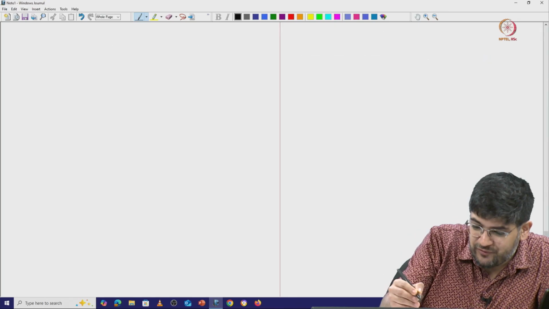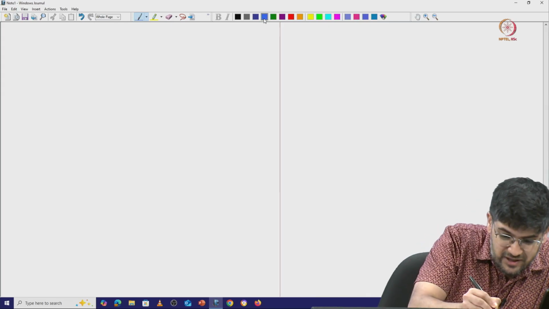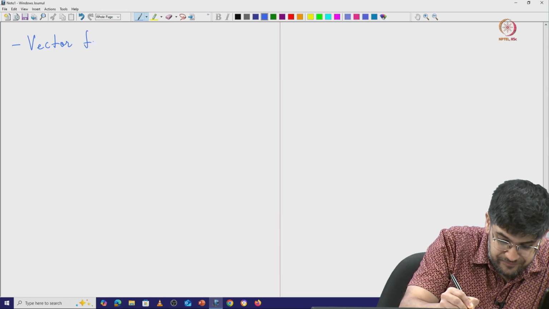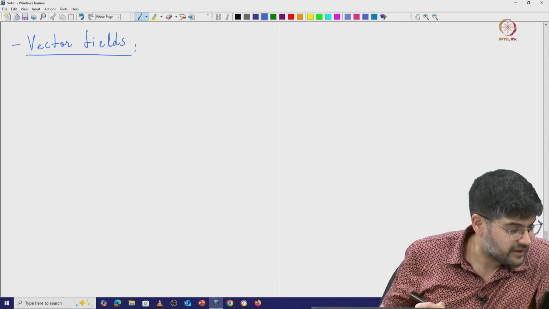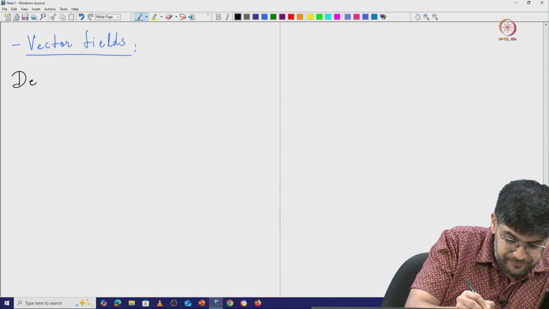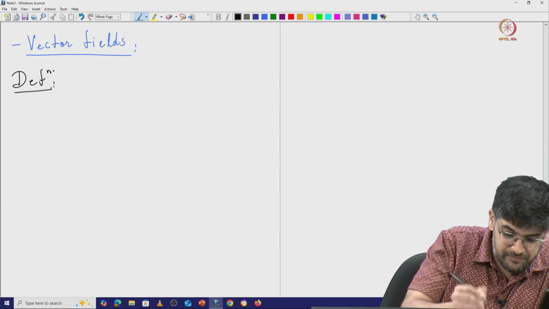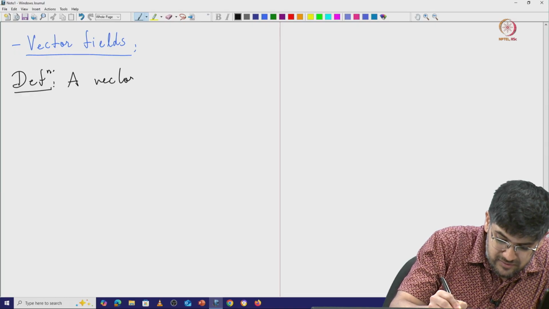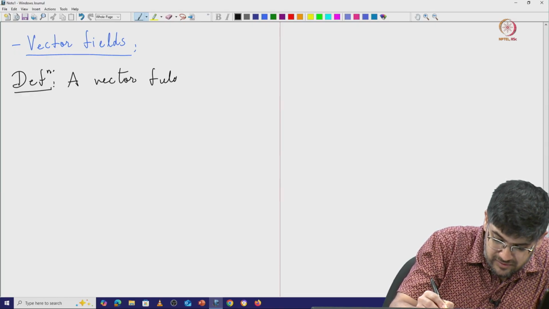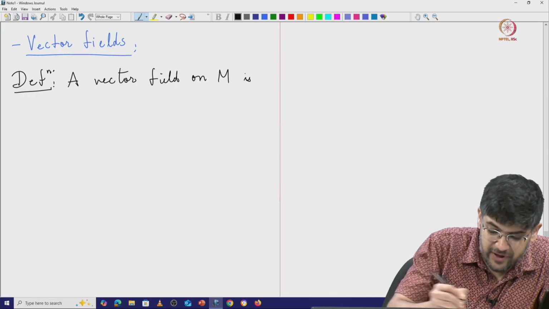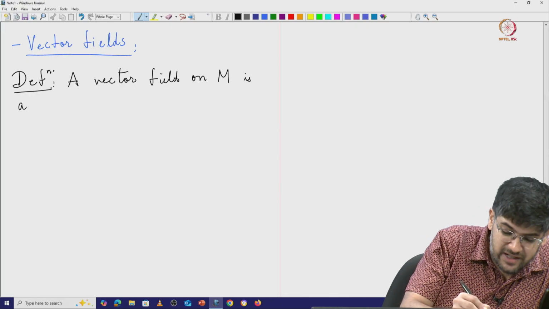So finally, for today's lecture, I want to talk a bit about vector fields. Okay, so here's a definition. So a vector field on M is basically a map.